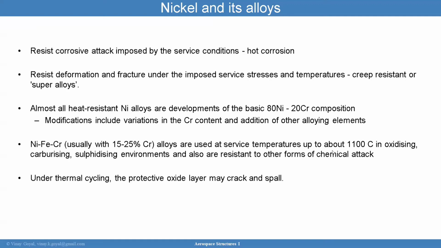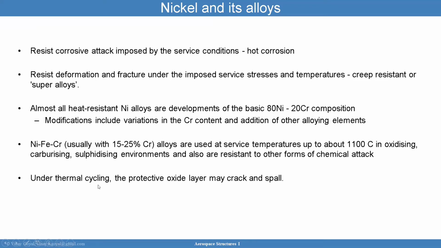And there is this idea of hot corrosion that occurs, and you're going to have resistant deformation and fracture under imposed surface stresses and temperature, and that includes creep resistance or superalloy. Almost all heat-resistant nickel alloys are developments of the basic 80 Ni 20 Cr composition.